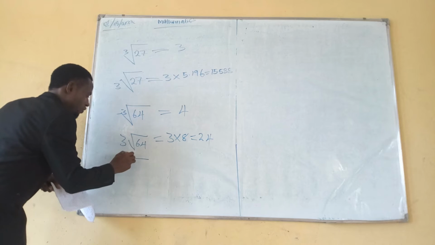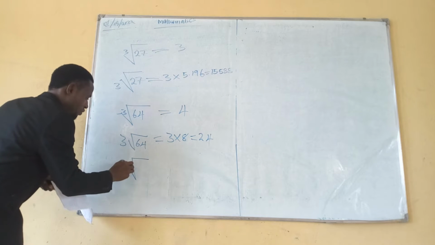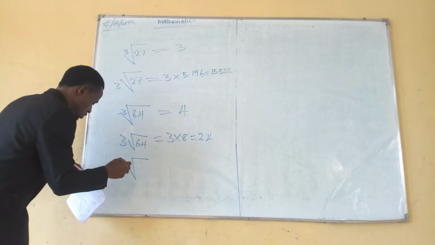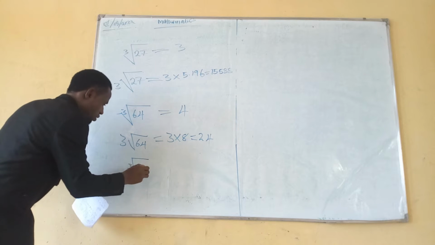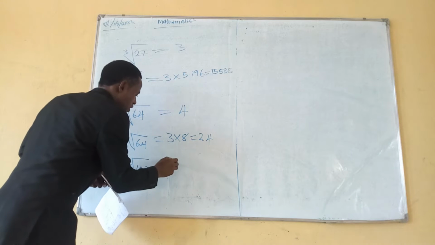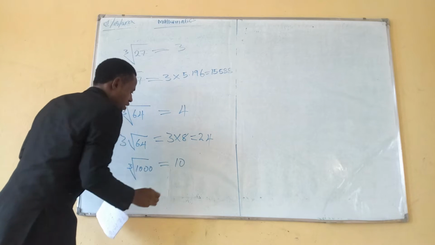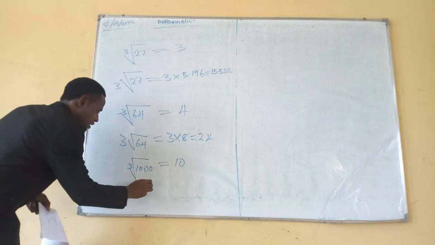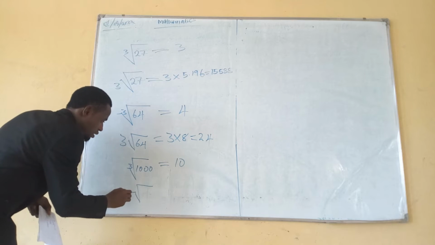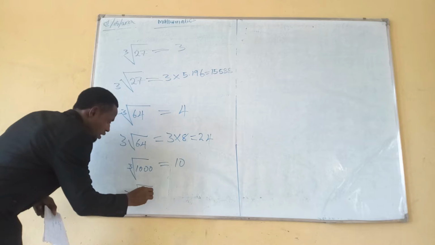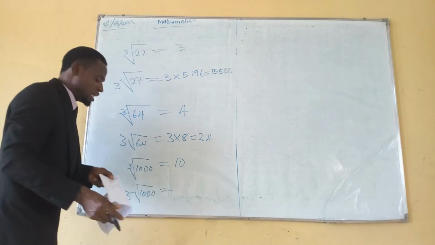We have cube root of 1000. Of course, cube root of 1000, you know, is 10. But when you mistakenly write like this, 3 root 1000, this is the response you are going to get from me.